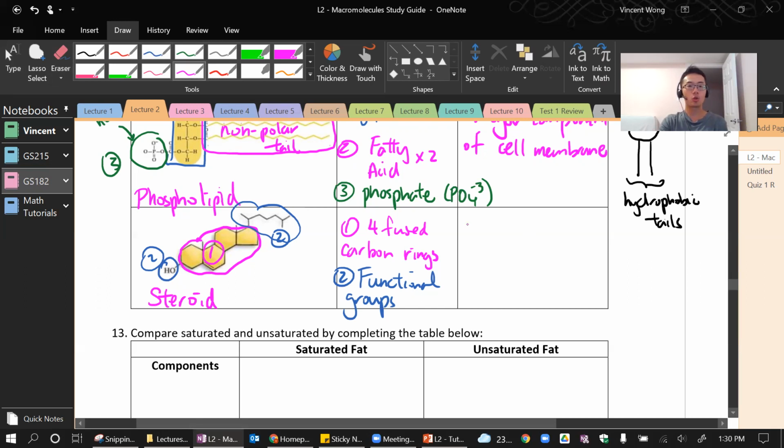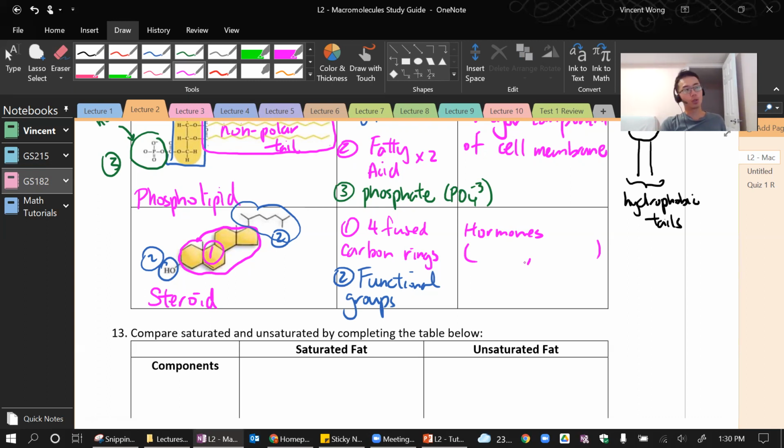So where do we find steroids in the body? Hormones, for example. Anybody know what kind of hormones are steroids in the body? I think I mentioned that in the lecture. And if you haven't watched that, you can also guess what kind of hormones are steroid hormones in the body.